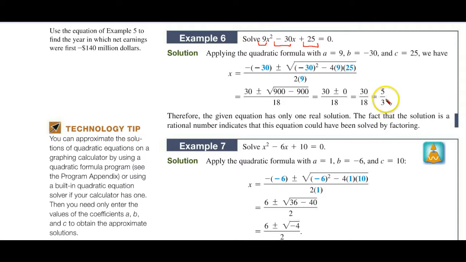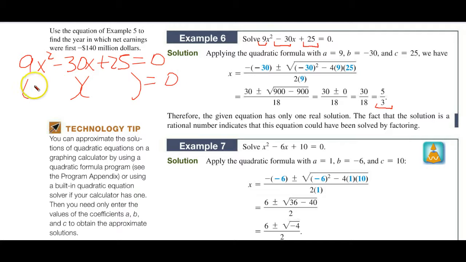Now, with one answer like this, an interesting thing is this could actually have been factored. So let me do it for you. 9x squared minus 30x plus 25 equals 0.